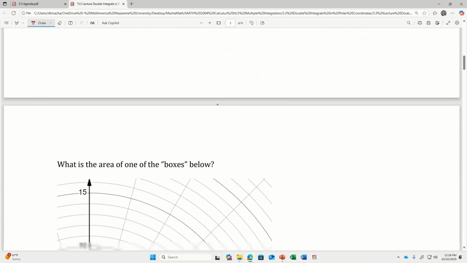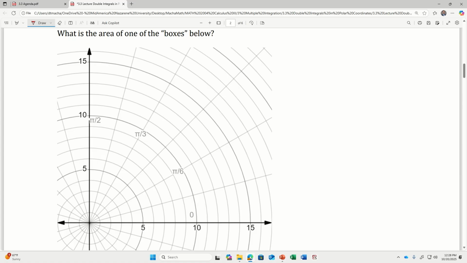All right, so then here, I've got the polar coordinates grid where here's my origin, and you can see the concentric circles are different values of r, and the rays that come away from the origin are different values of my angle theta. If I were to choose one of these boxes, what's the area of this box?